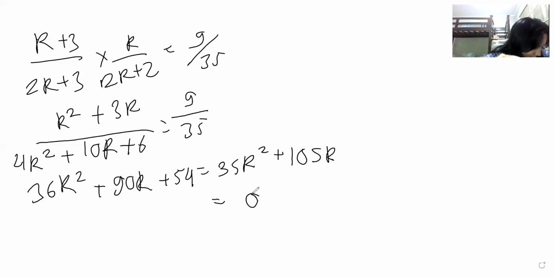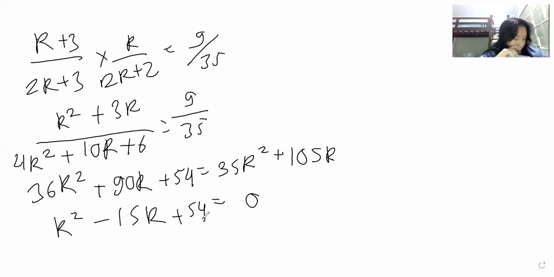And for this, 36 minus 35 is 1, minus 90 minus 105 is minus 15R, and plus 54.